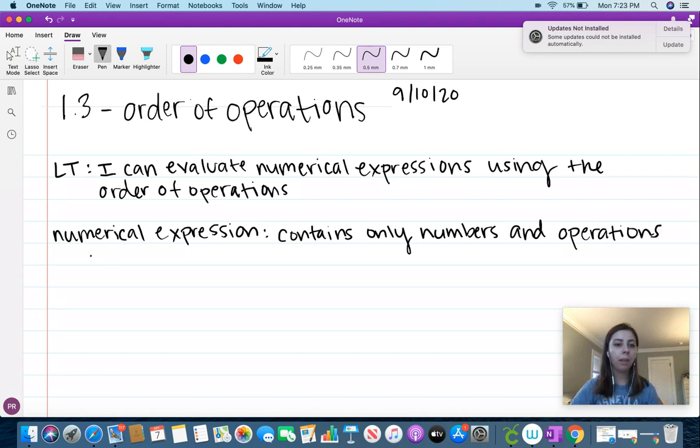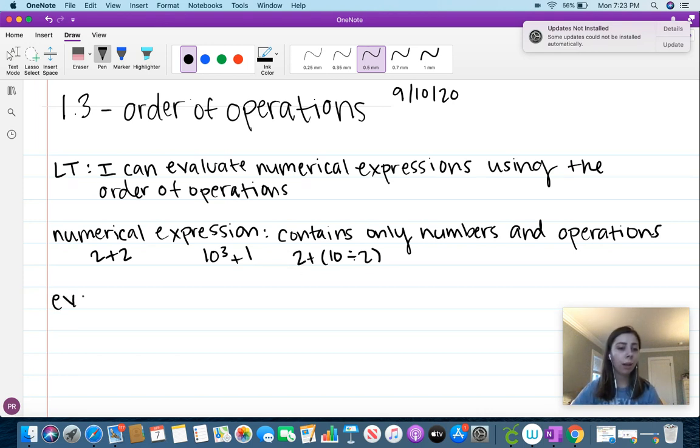So we could have something like 2 plus 2. We've got numbers and an operation. We could have some exponents. Exponents are a type of operation. It could have some sort of parentheses. All of these would be examples of numerical expressions. They contain only numbers and operations.